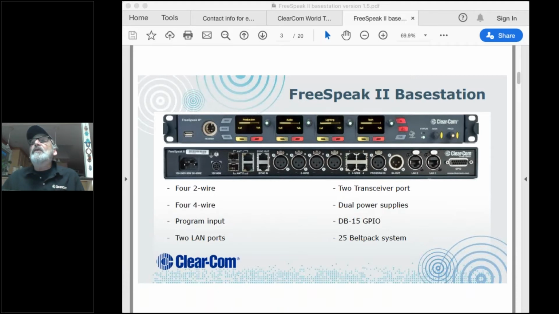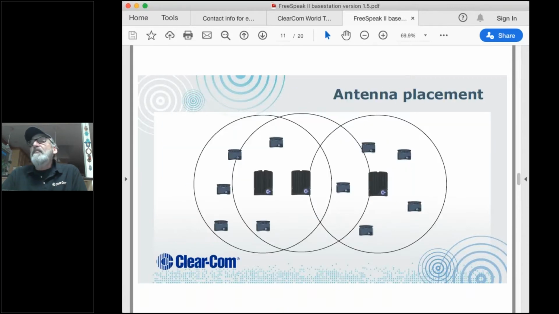You can certainly co-locate 2.4 transceivers and belt packs on the same base station as 1.9. For example, here we see several antennas with antenna zones. Now keep in mind, there are 3 circles there. We're not quite the Olympics here. In the middle of each circle, you see there's a transceiver.